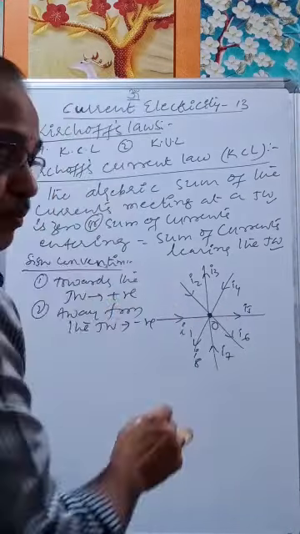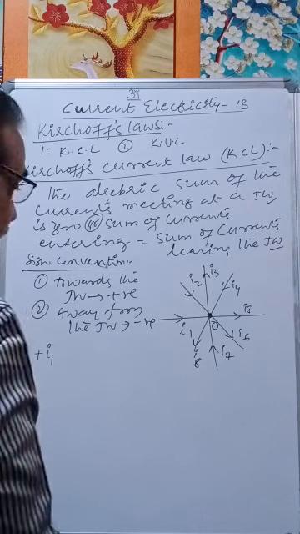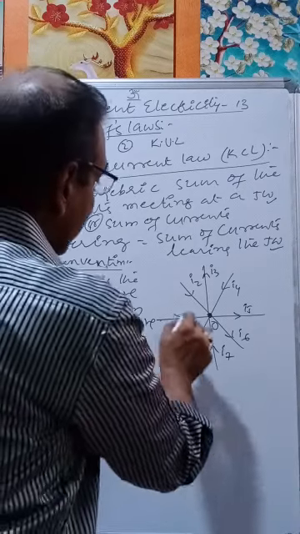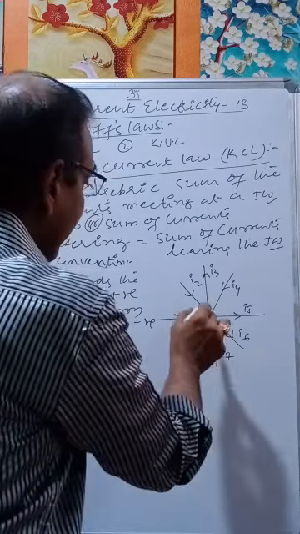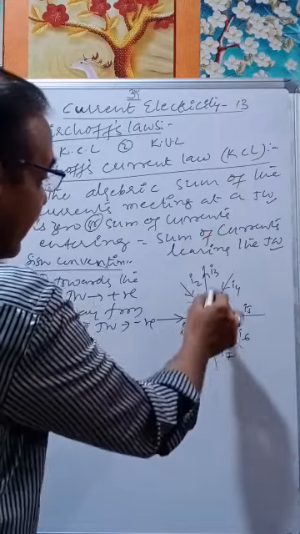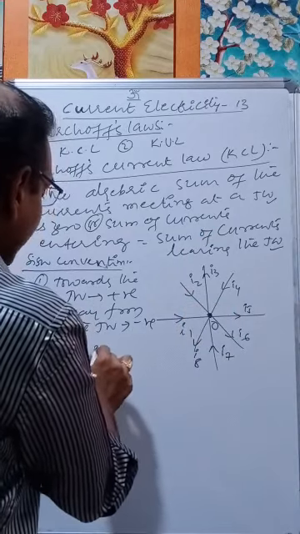Okay. Now let us apply this KCL to this junction. I1 is flowing towards the junction, therefore plus I1. I2 again flowing towards the junction, plus I2. I3 flowing away from the junction, minus I3.